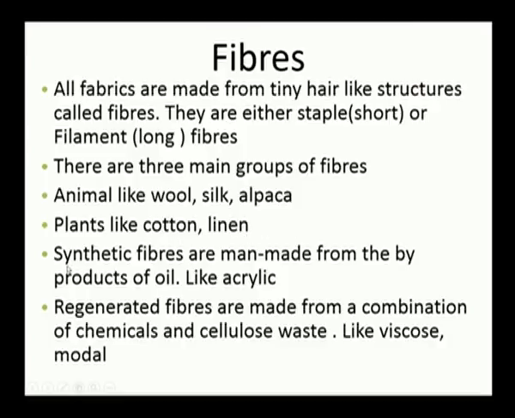The other class is synthetic fibers, also known as man made fibers, made from byproducts of oil, like acrylic. Regenerated fibers are made from a combination of chemicals and cellulose waste, like viscose.